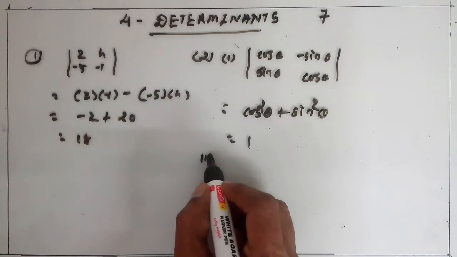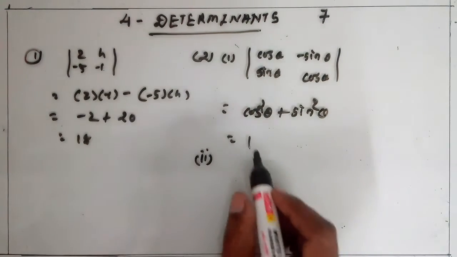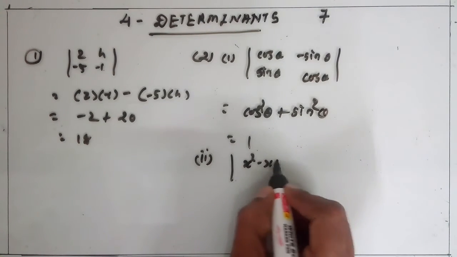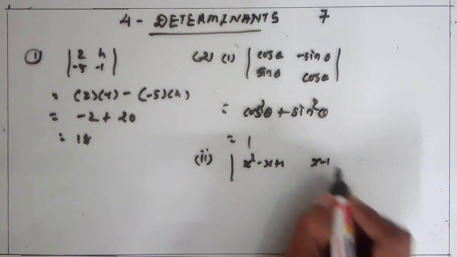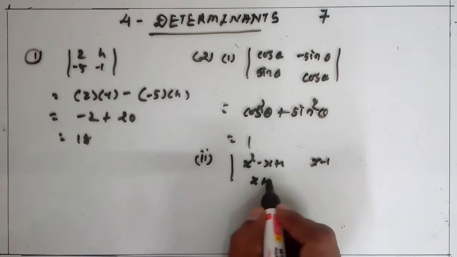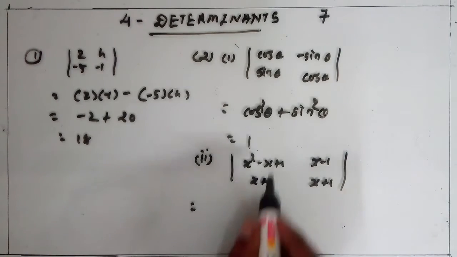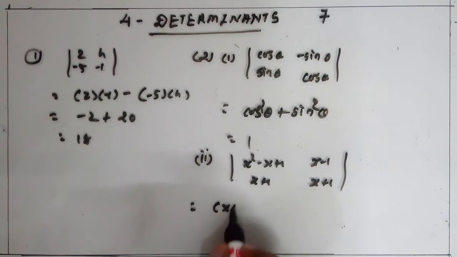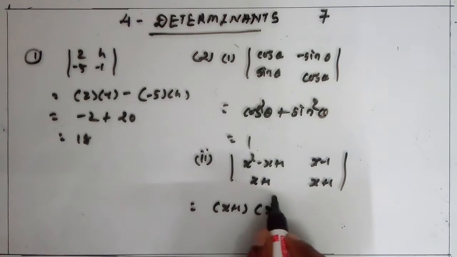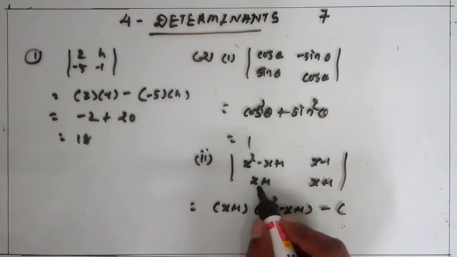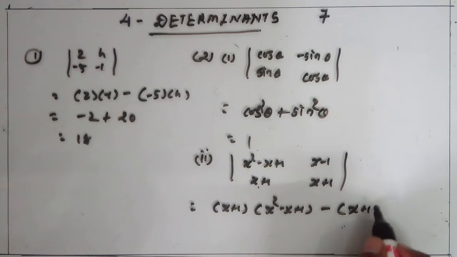Similarly in the second question, the determinant x square minus x plus 1, x minus 1, x plus 1, x plus 1 is equal to the product of these two, x plus 1 into x square minus x plus 1, minus the product of these two, x plus 1 into x minus 1.